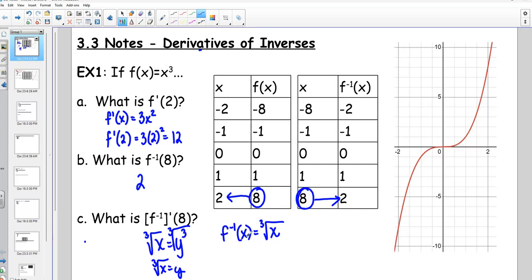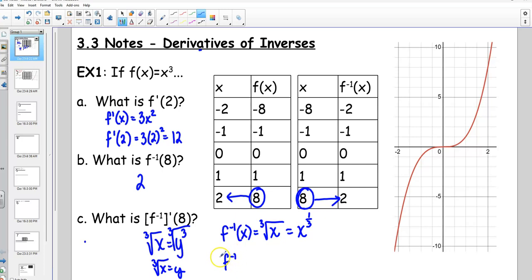Now, I want to find the derivative of this. Before I take the derivative, what is helpful to do with roots before we try to take their derivative? Fractional exponents. So let's make this x to the 1/3 before we try to take its derivative. So notation gets a little difficult here.